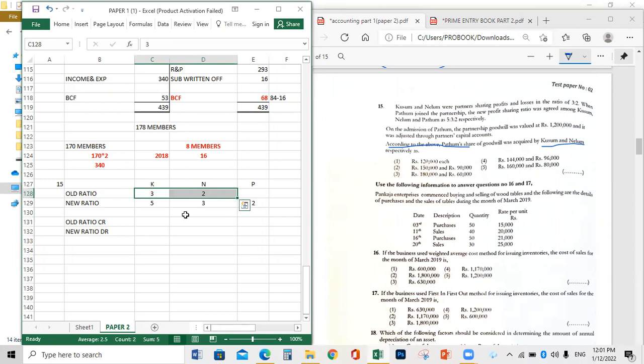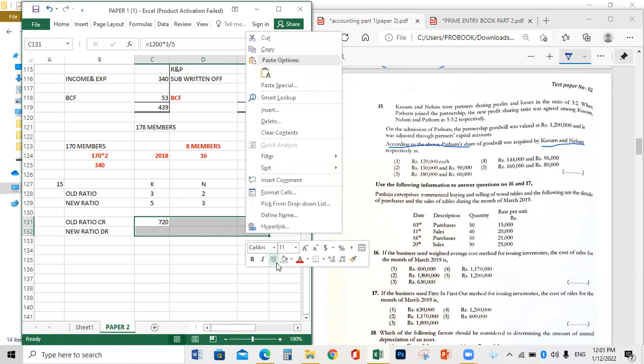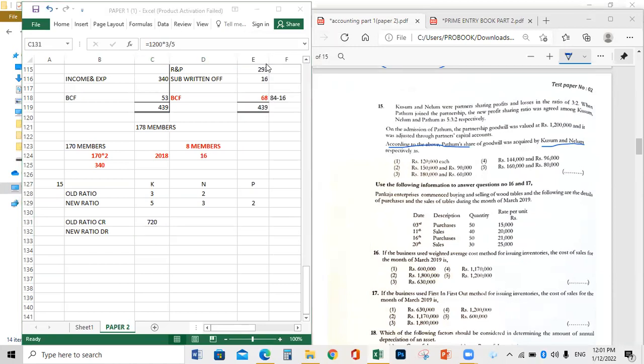Let's do it quickly. So 1200 into 3 over 5, that is 720. I don't think you need to do all this, I'll just do it for you. Now for N, the total goodwill is 1200. Out of that, N is getting 2 out of 5, using the old ratio, so that is 480.